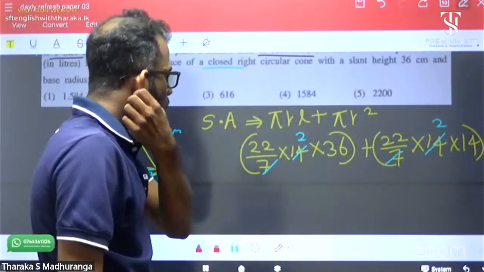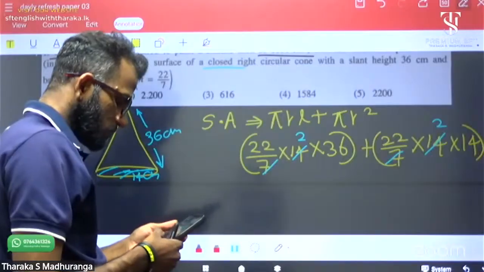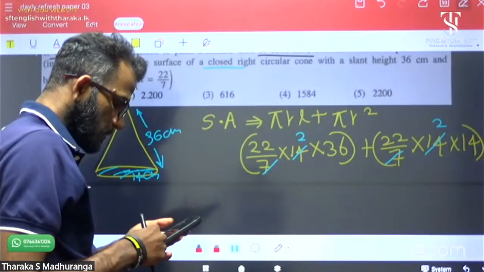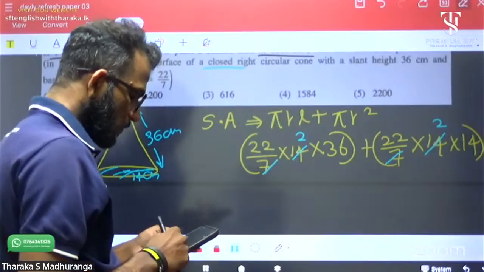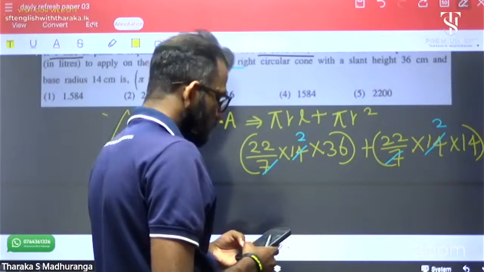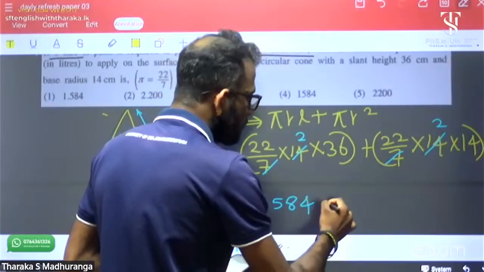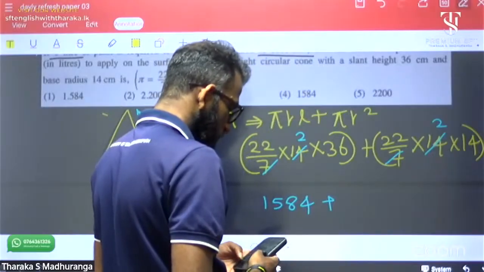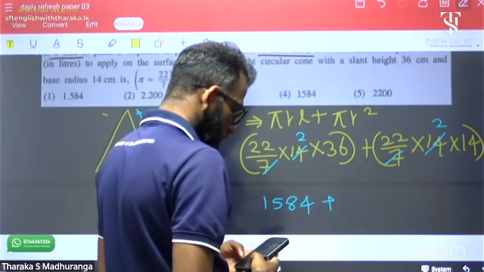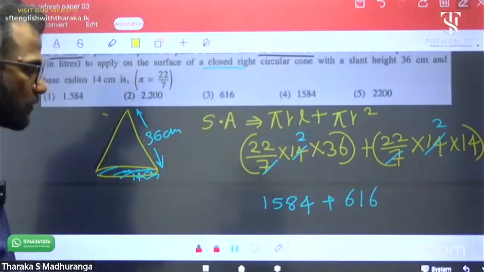Now 22 into 2 is 44. 44 into 36 is 1584, plus 44 into 5, 44 into 40, 660. Now you can get the full surface area of the cone.